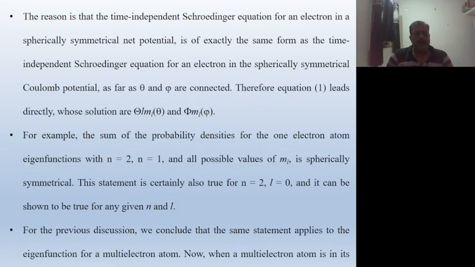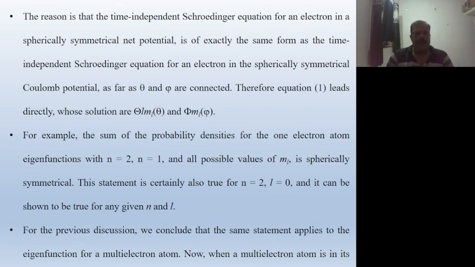The reason is that the time independent Schrodinger equation for an electron in a spherically symmetrical net potential is of exactly the same form as the time independent Schrodinger equation for an electron in the spherically symmetrical Coulomb potential, as far as theta and phi are concerned. Therefore, equation 1 leads directly to the solutions Theta of l ml of theta and Phi of ml of phi.